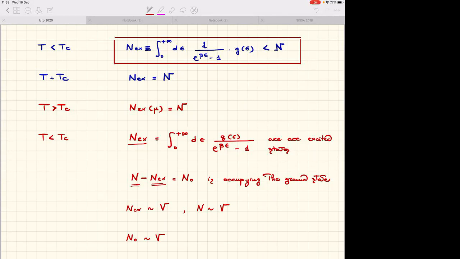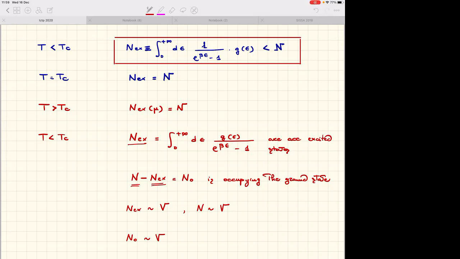So what you have in this situation is an extensive, macroscopic number of particles occupying the ground state of your system. Okay? So for temperature below this critical temperature, the chemical potential sticks to 0, and the excess occupation, the one that is not accounted for by excited states, is all going to the ground state.